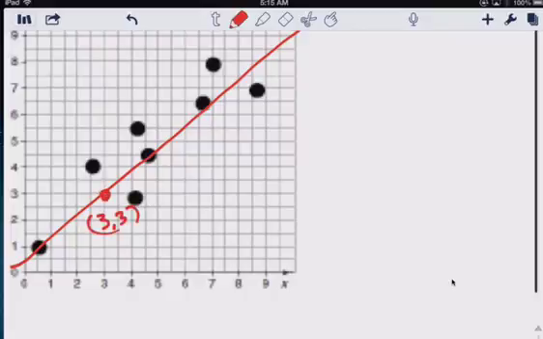Two good ones. And 9, 8, that's close enough. 9, 8 is close enough to that line.